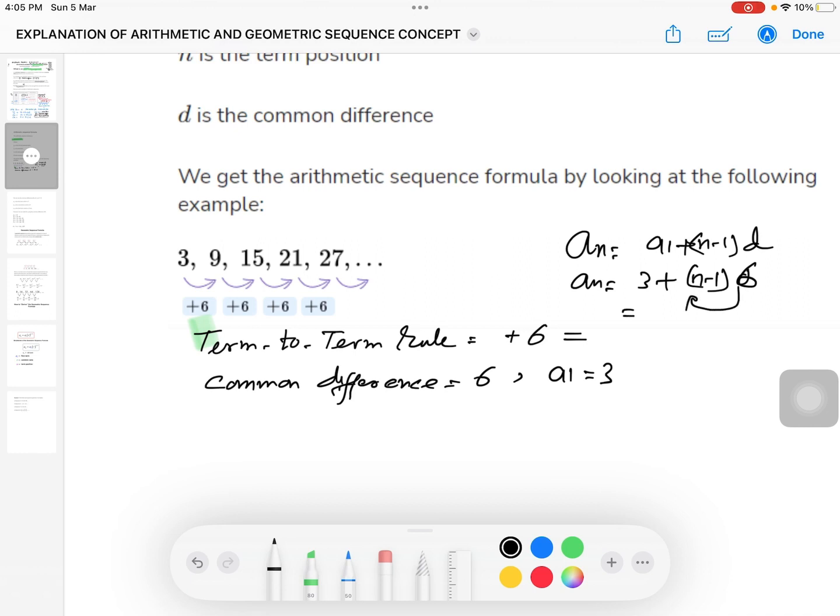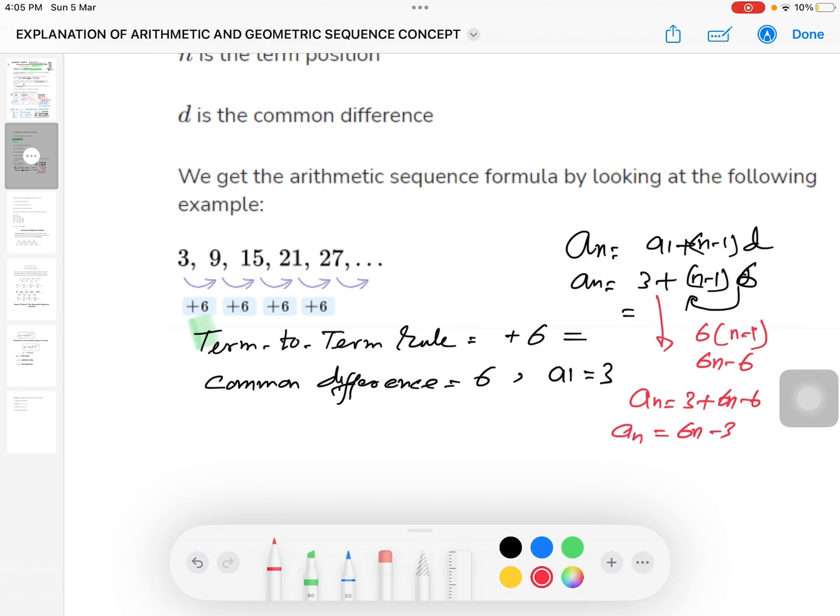It's just like 6 into (n minus 1), so this is basically 6n minus 6. So this comes down to an is 3 plus 6n minus 6. So 6n minus 3 is the nth term.